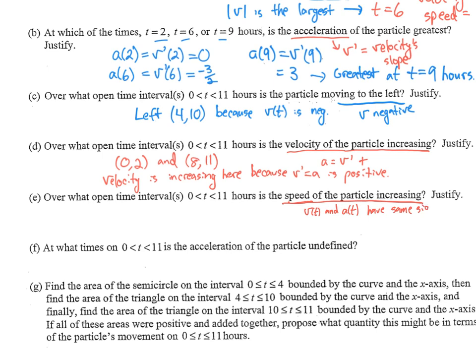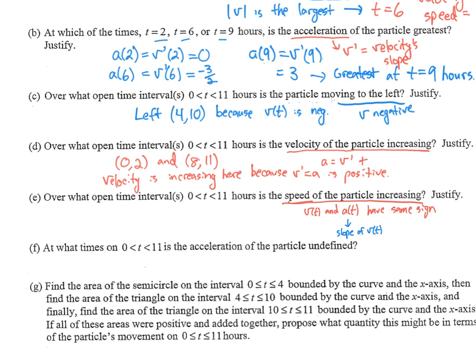So we want to look for spots where the velocity is positive and the acceleration is positive, or where the velocity is negative and the acceleration is negative. And as we look for this, I want you guys to remember that the acceleration is the same as the slope of velocity. So this is going to be kind of a brain bender.